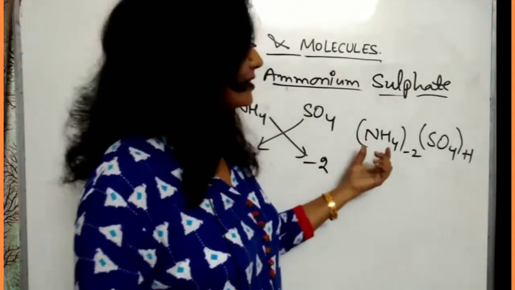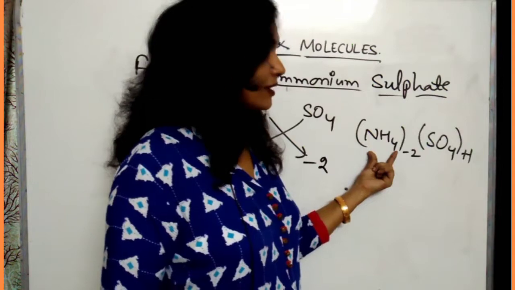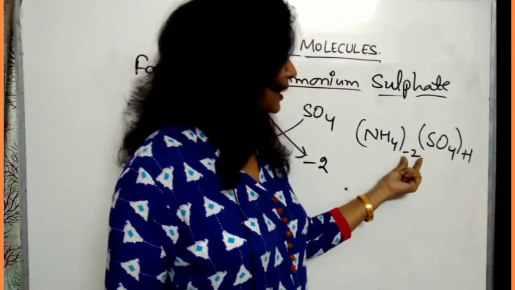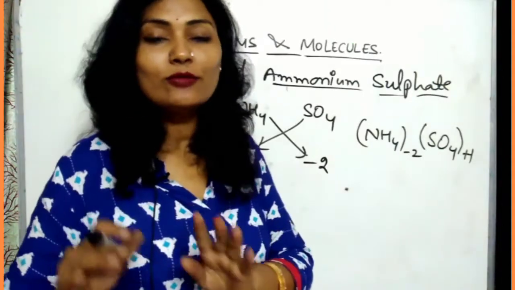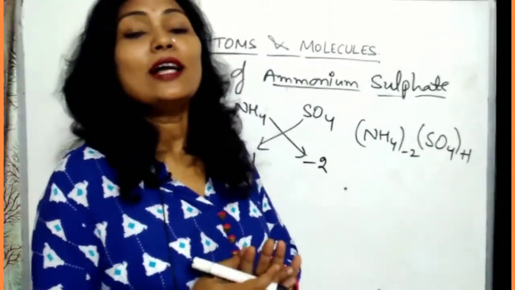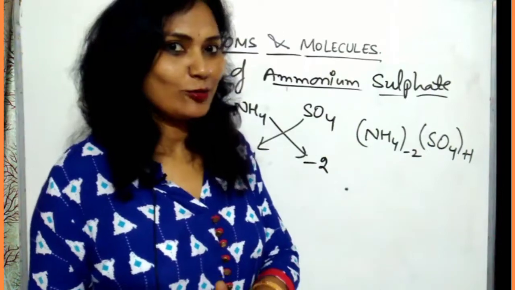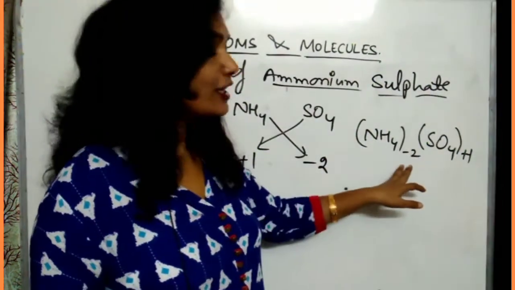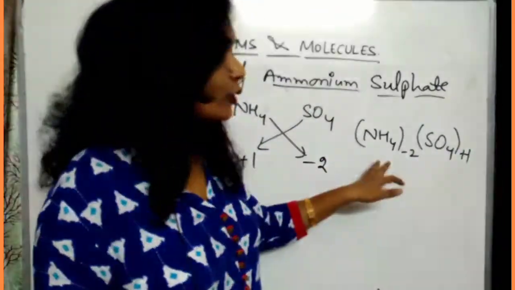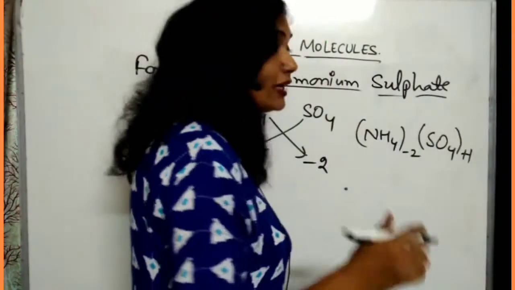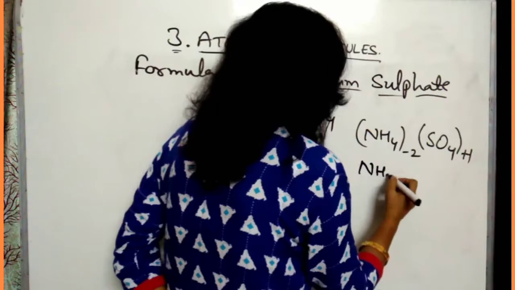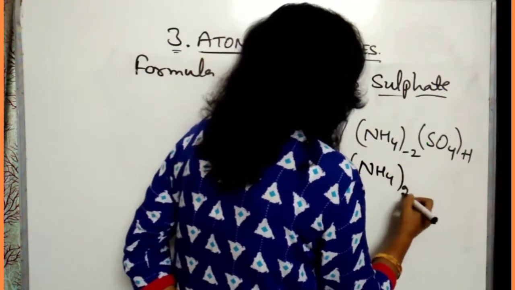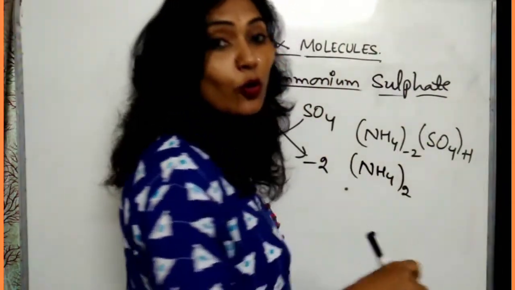Listen, you can just see it here, the whole bracket is there and after the bracket 2 is there. If 1 is there, I have told you to remove that one, ignore that one, and you will remove the bracket also. But if it is more than 1, then don't remove the bracket, it will come as it is. So its formula becomes (NH4) whole twice.